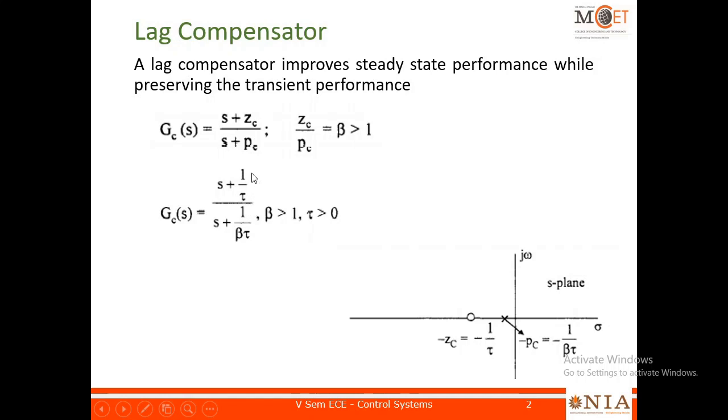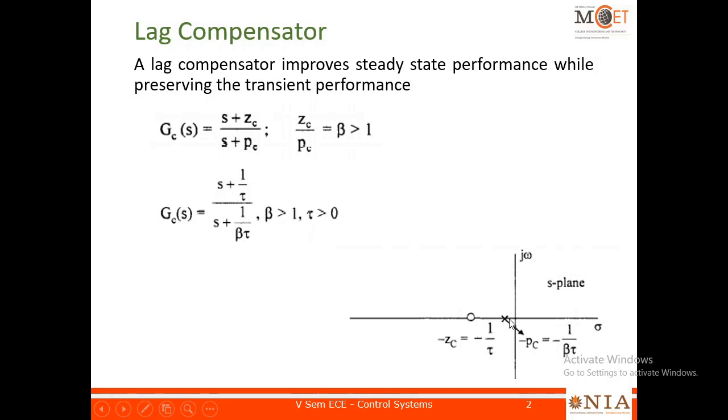If for example you take the 0 location as minus 1 by tau, then your pole should be located at minus 1 by beta tau. Okay, when you say beta is greater than 1, that means if you take a location as the 0, then obviously your pole will be towards the right hand side.